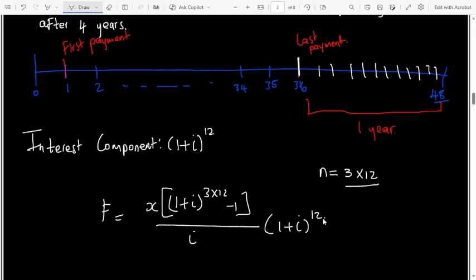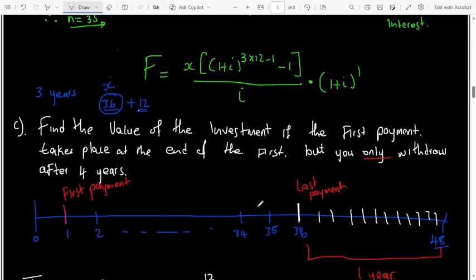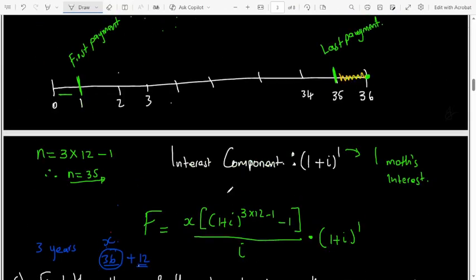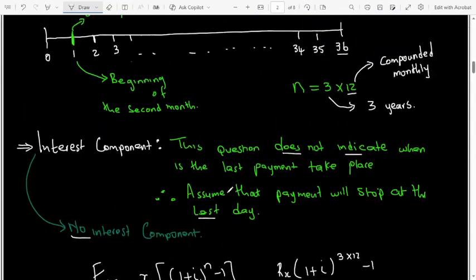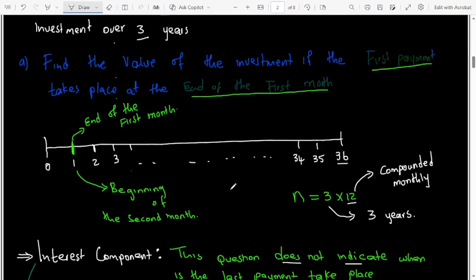This is how easy it is to work with finance. Very, very easy. So remember the 3 examples that we did. All of these 3 examples, please pay attention.